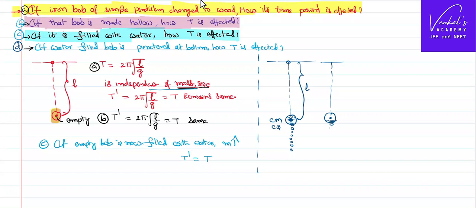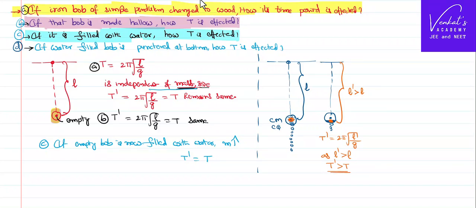Now, as water leaks out, the mass shifts down, so its center of gravity also shifts down. So what happens to the new length? It is measured to the new center of gravity, which has shifted down. So the new length is more than the original. As the new length is more than the original length, the new time period will be 2 pi into root of L dash by g. As L dash is greater than L, T dash is greater than the original time period.